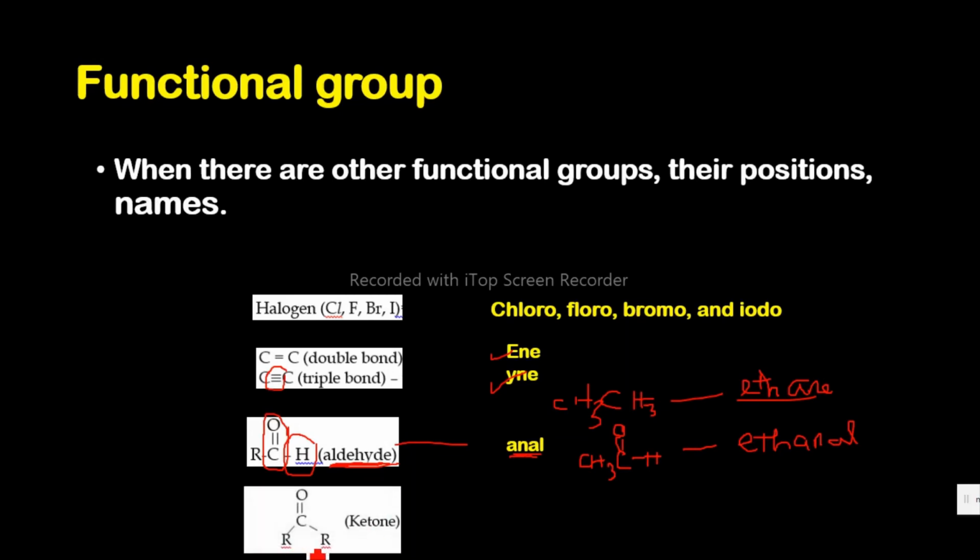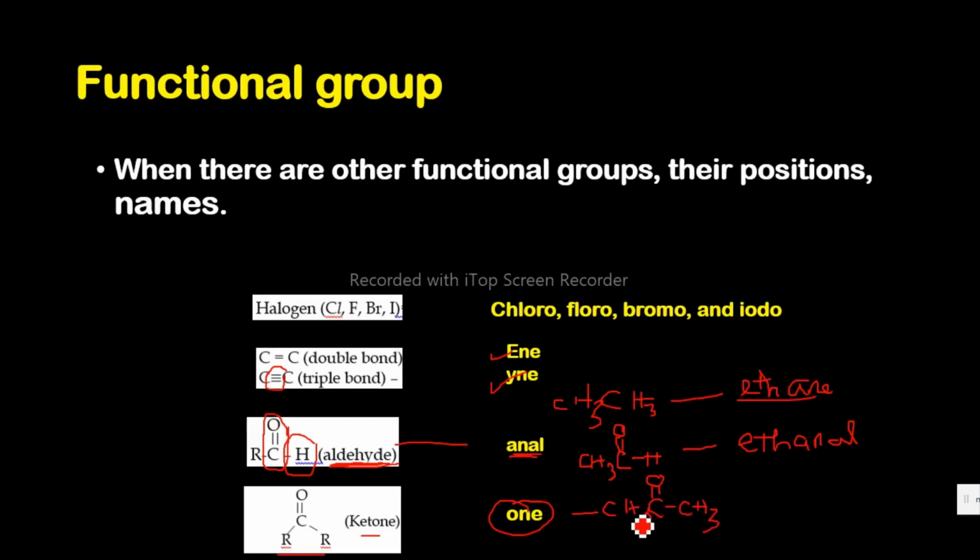If you have this, this is a ketone. If you have such a compound, the ketones are named as one. For example, you have this, CH3, that is the simplest ketone. However, don't worry, we shall study all these functional groups as topics. So you have CH3, CH3.